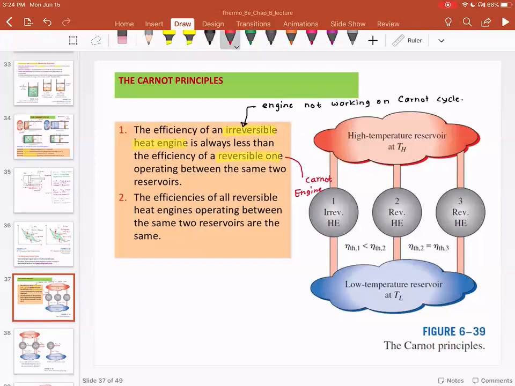So in other words, the Carnot engine, which is a hypothetical engine, is the most efficient engine.